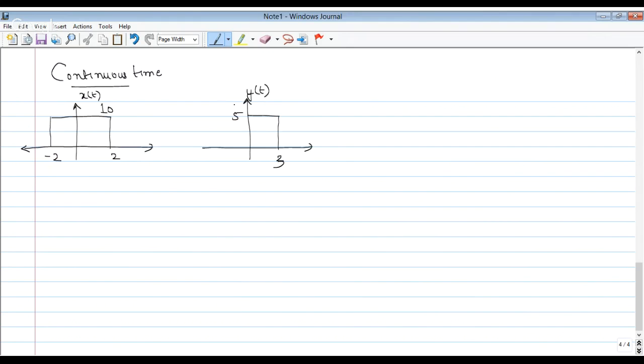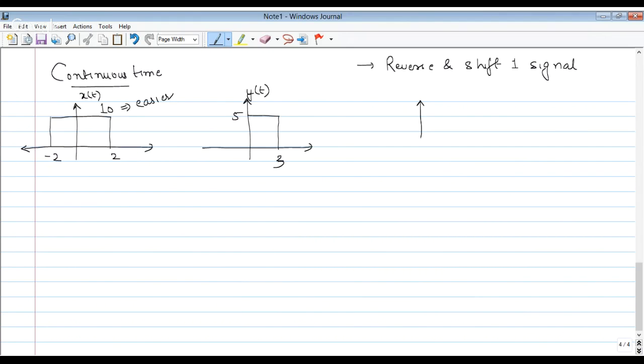Now, the first thing that you need to observe is that we have to reverse or shift one signal. Now you have to see which signal is easier to flip and shift. According to me, this one is easier. Why? Because it is an even signal, even by flipping and shifting it will remain the same.